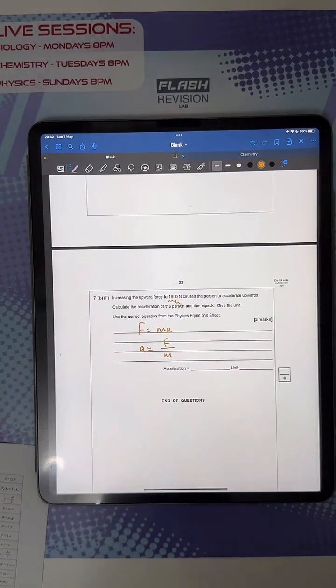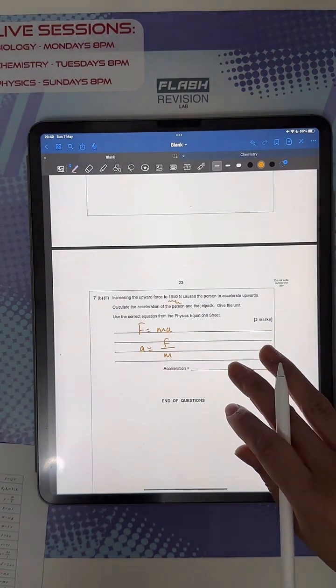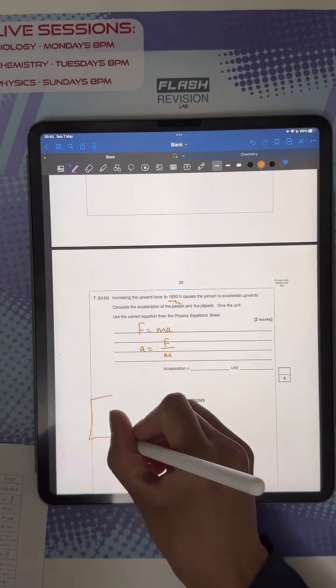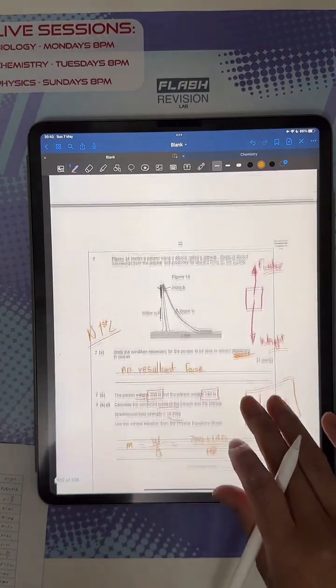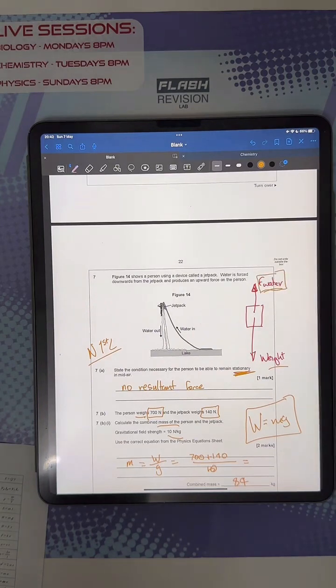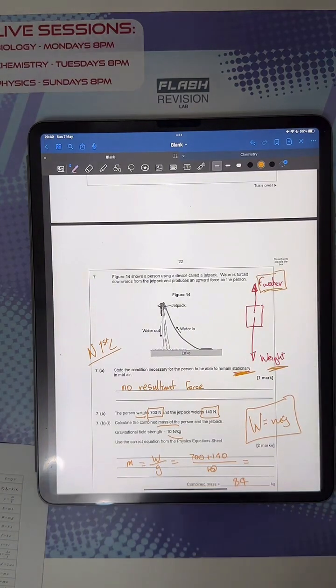That's a trap that loads of people will fall into. What do you guys think then? We're increasing the upward force to 1,850. Let's remind ourselves. Remember, there's the upward force of the water, and there's the weight of the jetpack and the person. You don't add it together either. Exactly. Thank you. You've got to minus it. Why do you need to minus it?